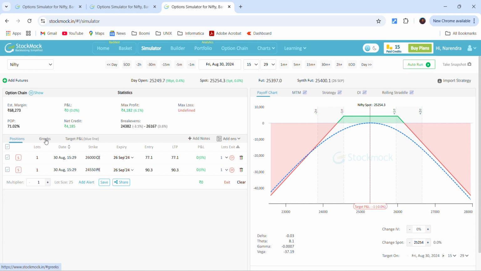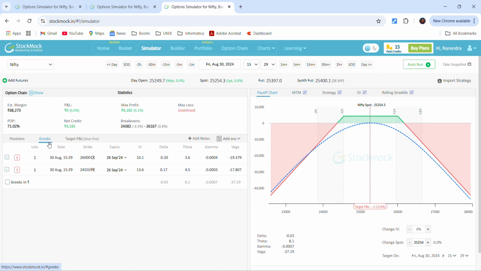One more thing we can observe here is the Greeks of these two legs which we sold. If you see the delta section, and if somebody is not familiar with these Greeks, I plan to make a video about each, how these Greeks affect our profit and how the volatility in the market affects these Greeks and the premium values of these legs, which needs to be known for every option seller.